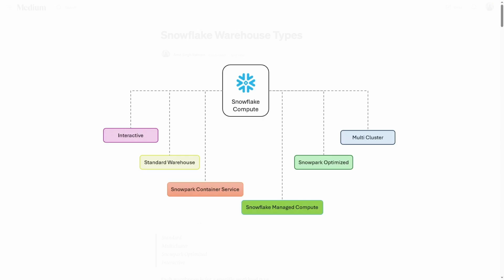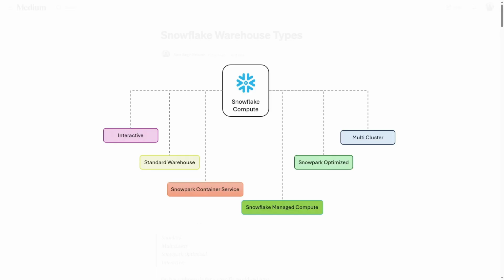So at a higher level, Snowflake offers different types of computes. Majorly, it starts with the standard one, which is pretty generic. Then we have interactive ones, which are pretty new. These were just launched, I guess, 1 or 2 months back. Then we have multi-cluster Snowpark optimized ones.